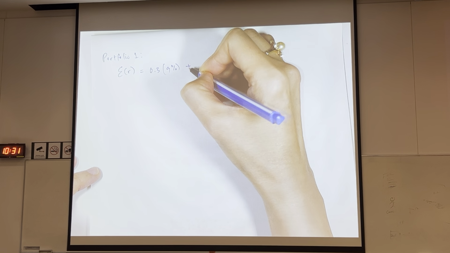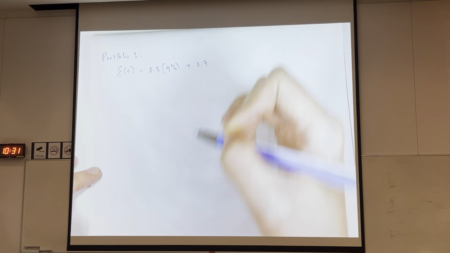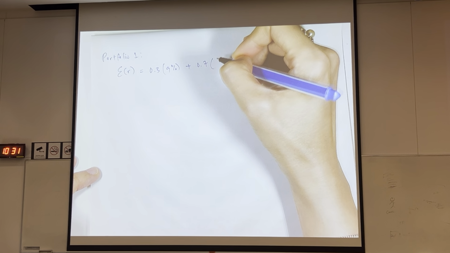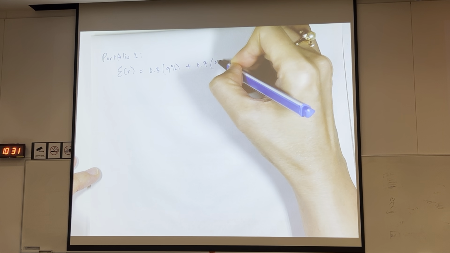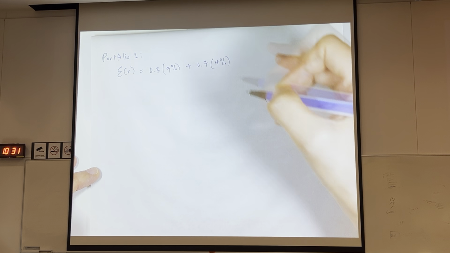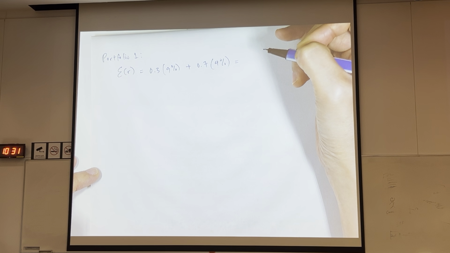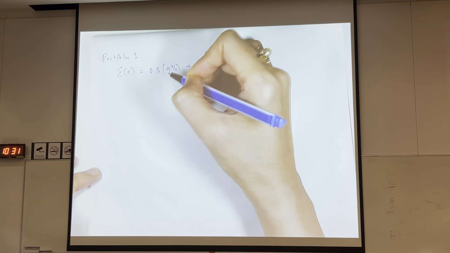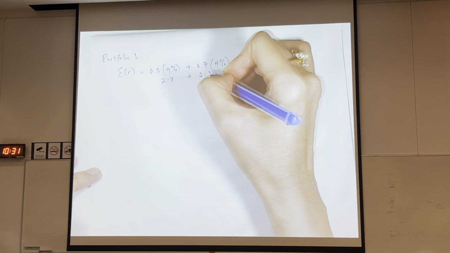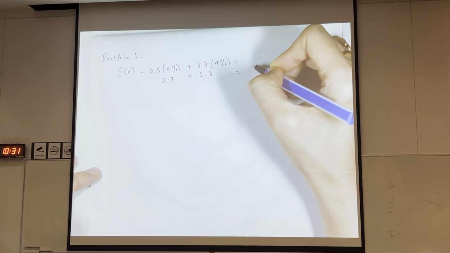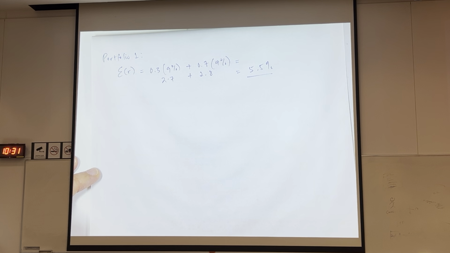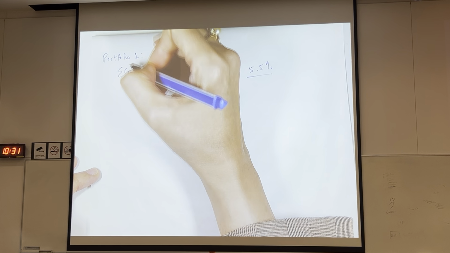Just refer to the slide. And then 0.7, 70% you invest in stock Y, which has an expected return of 4%. So what you'll get there is, well, this is 2.7, and then this is 2.8. So what you'll get is 5.5%.